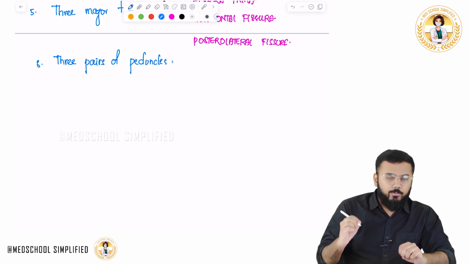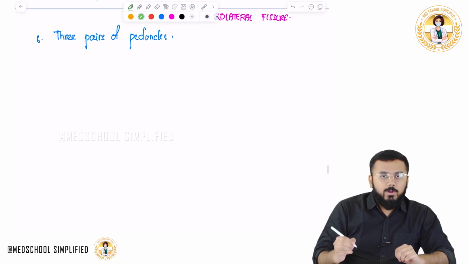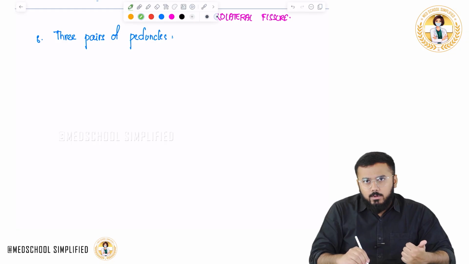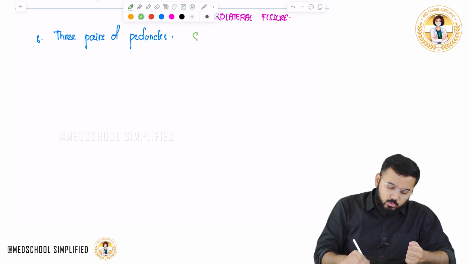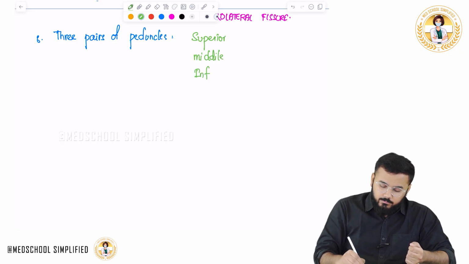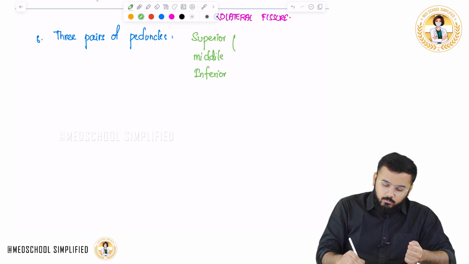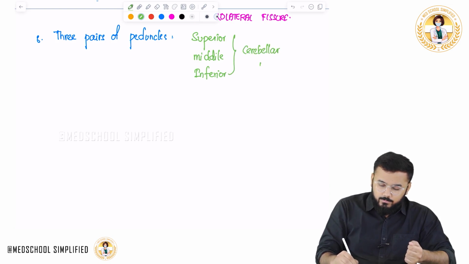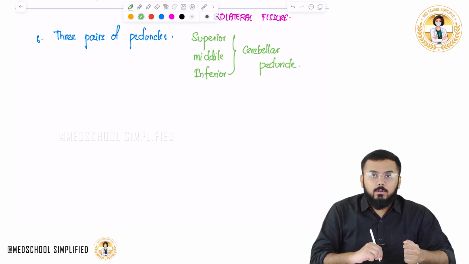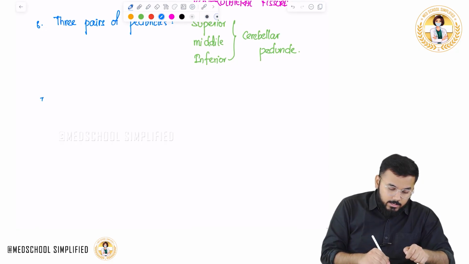One is the superior cerebellar peduncle, the middle cerebellar peduncle, and the inferior cerebellar peduncle.